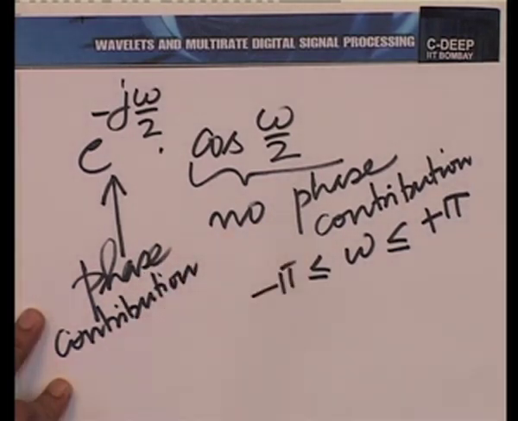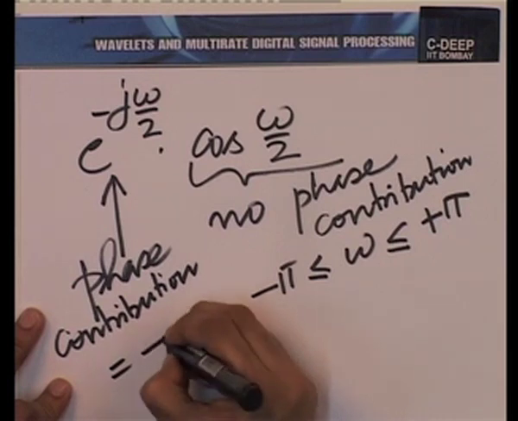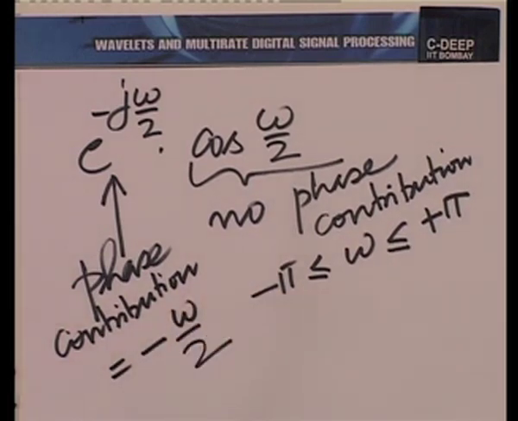The phase contribution from this term is equal to minus omega by 2. So, now we can sketch the phase and magnitude contributions very clearly. Let us sketch the magnitude response.